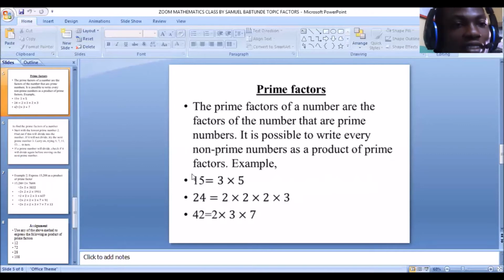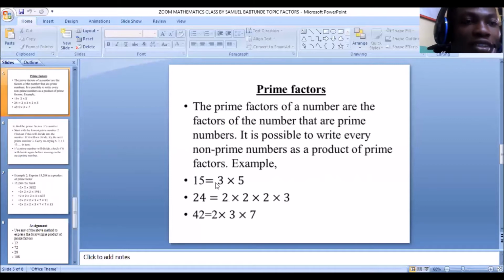If I have 15 as my number, what are the factors of this 15 that are prime numbers? Of course, the factors of 15: 3 times 5 gives us 15.